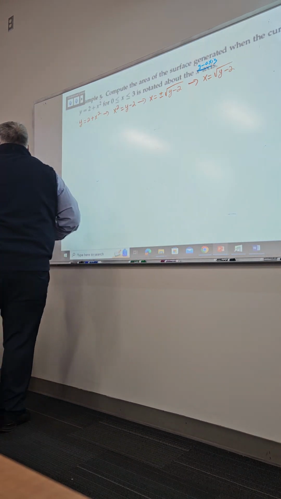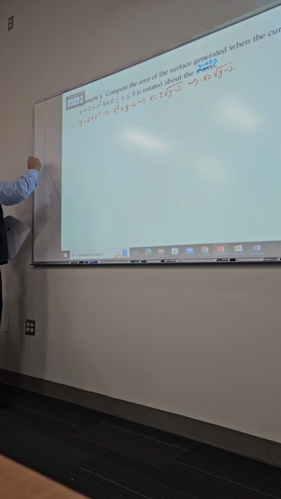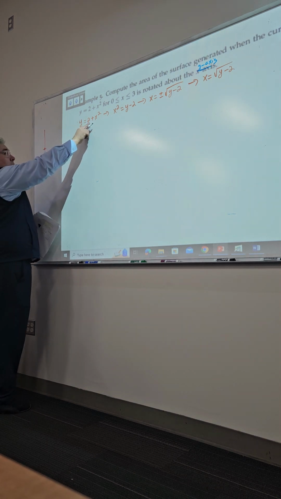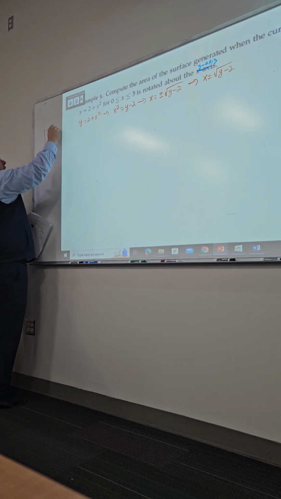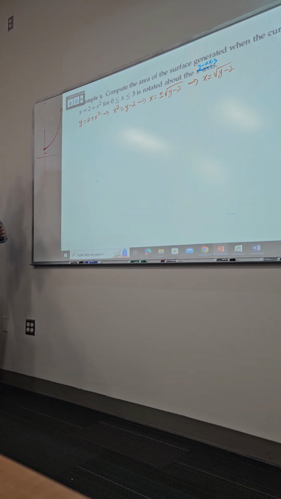The curve looks something like this. If you were to draw it out, it'd be 1, 2, because it got a y-intercept of 2, and it's a parabola because it's an x squared, so it's gonna look something like this. Okay? Got it? And then if I'm rotating about the y-axis, then what's happening is it's creating a bowl.